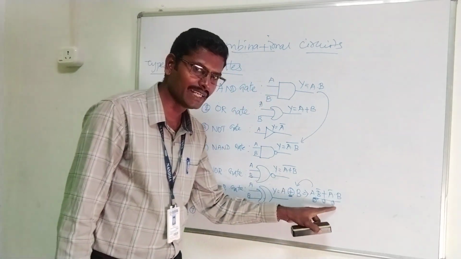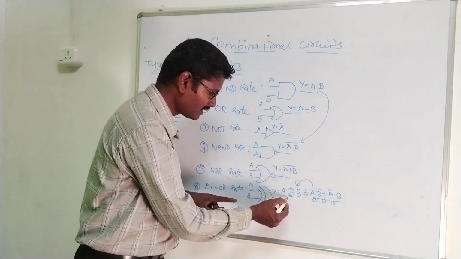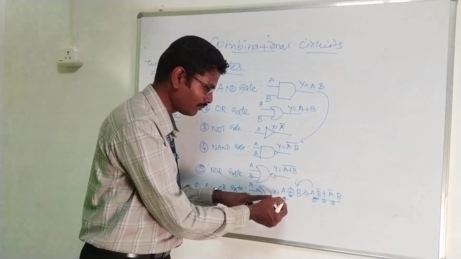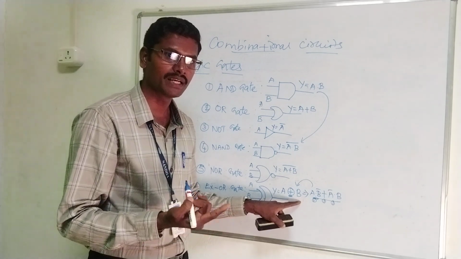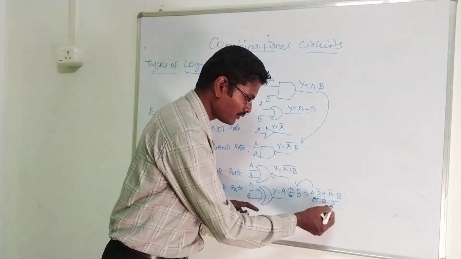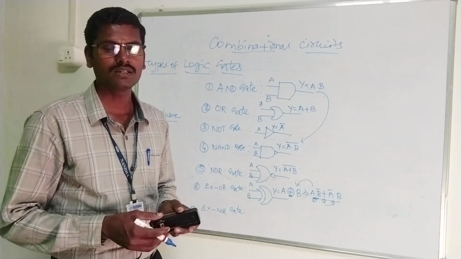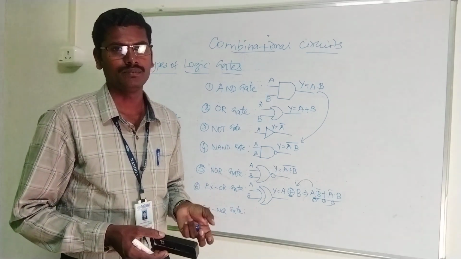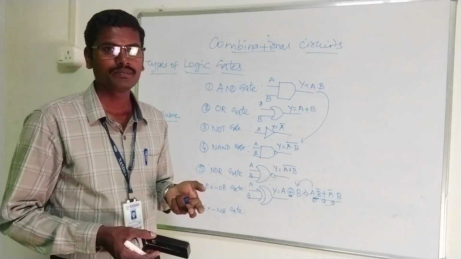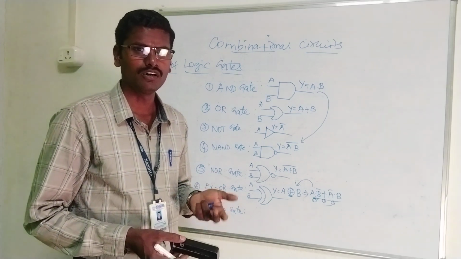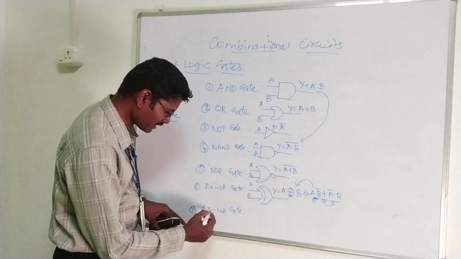So totally we need three gates, but the same expression can be implemented using A XOR B. A single XOR gate is enough instead of three gates. So the cost as well as the simplification time are the major advantages of using an XOR gate, right?